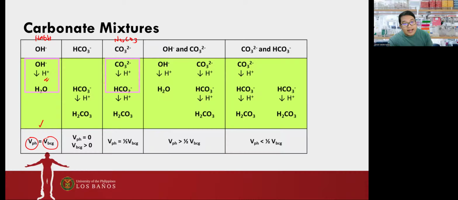So, ang kaya lang kasing i-titrate ni phenolphthalein is yung basic region ng ating pH range. So kung ito ay gagawin nating pH range, ito yung acid range, ito yung basic range. Okay? Tapos ito yung sa bandang neutral. And as you can see, ito lang yung kayang i-titrate ni phenolphthalein. At ang kayang i-titrate ni BCG is itong buo.